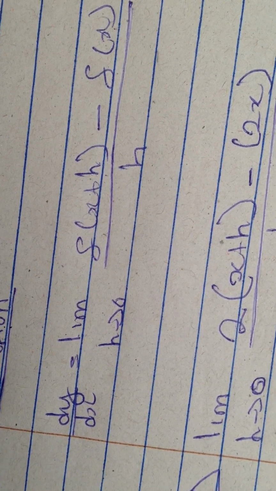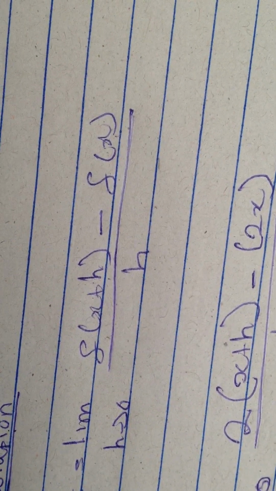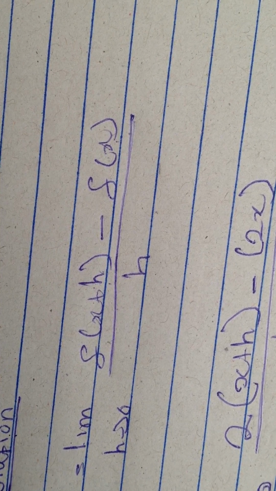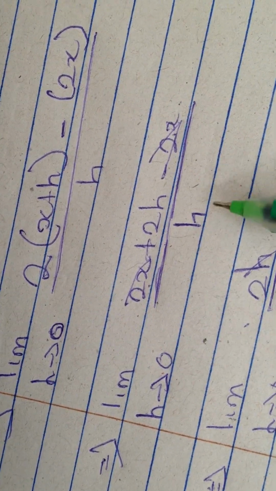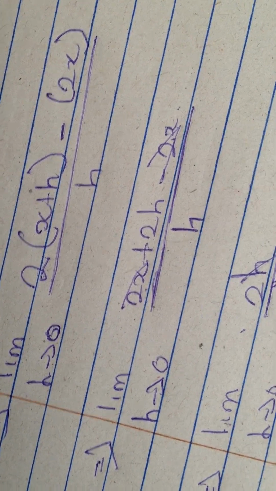dy/dx equals the limit as h approaches 0 of f of x plus h in brackets minus f of x over h. When we substituted, we had this. Then we had to do the expansion and the subtraction.